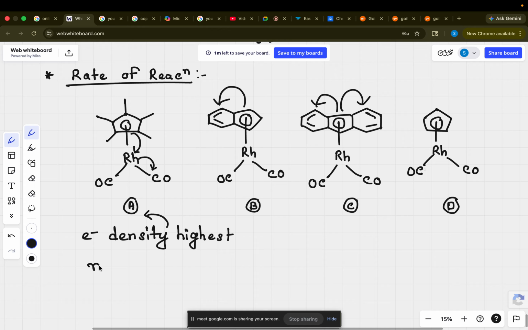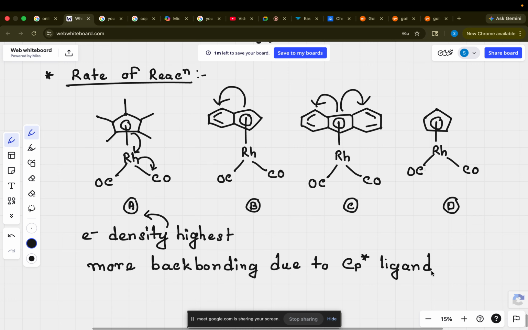So write down that if electron density is high, there is more back bonding due to the Cp star ligand.